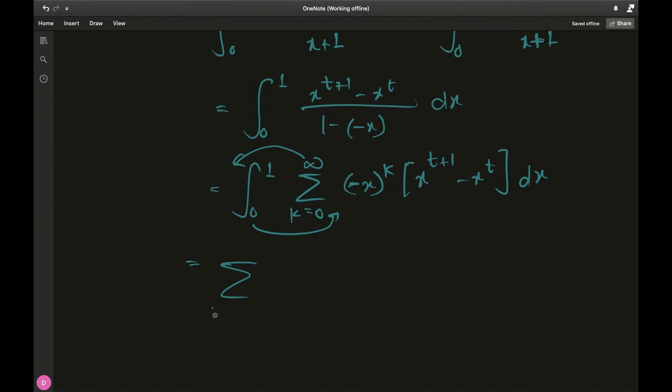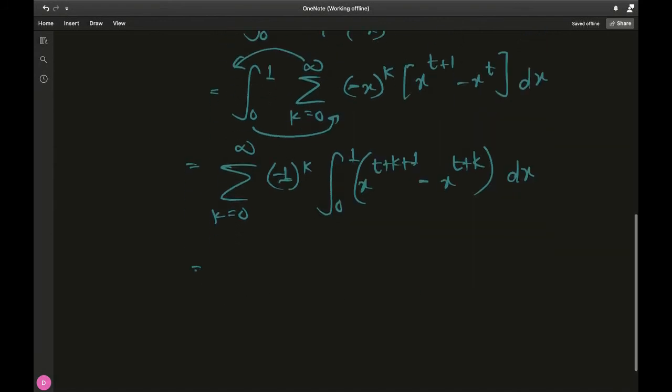So we have sum from k equals 0 to infinity of minus 1 to the k that we can take out, integral from 0 to 1. Now x to the k can be distributed in the entire thing over here. So we have x to the t plus k plus 1 minus x to the t plus k dx. And integrating this is actually very trivial. This is just the power rule of integration.